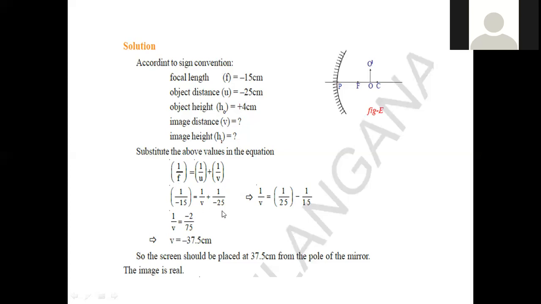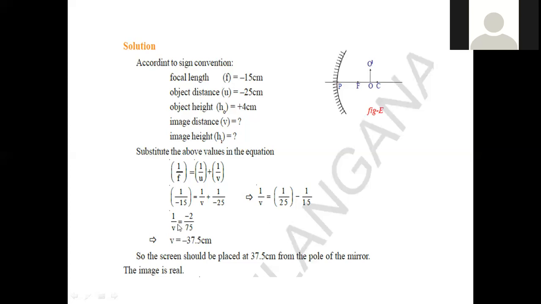So we need to calculate 1 by v. Taking 1 by minus 15 to the other side it becomes positive, so 1 by v is equal to minus 1 by 25 minus 1 by 15.